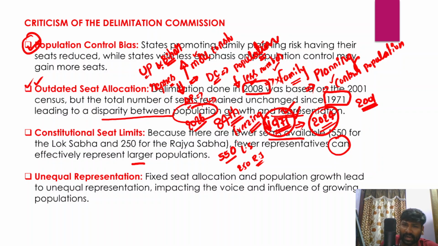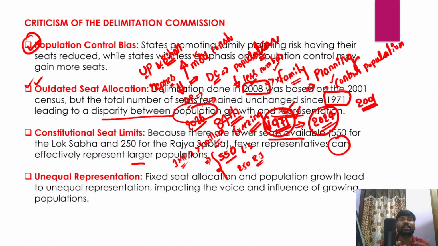This essentially means that there's no match between the population and the number of seats that we have, because each member of parliament has been representing more than a million people, right? Don't you think that one MP may not be able to represent more than 1 million people?